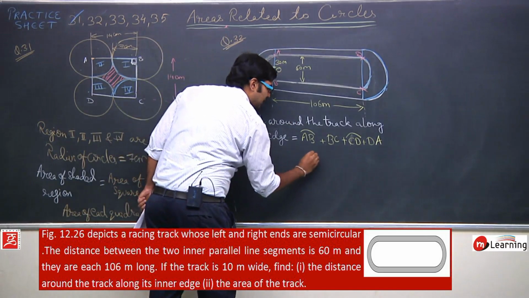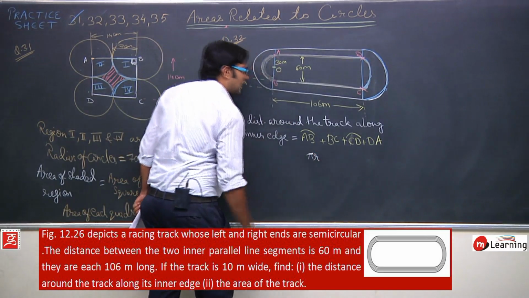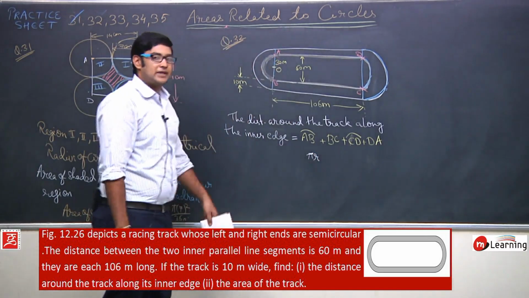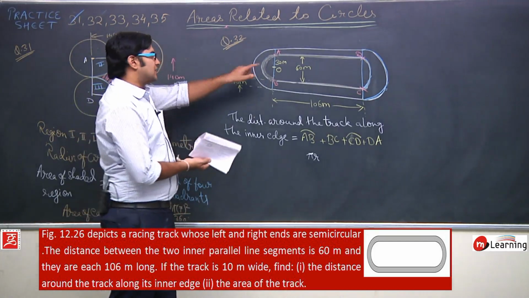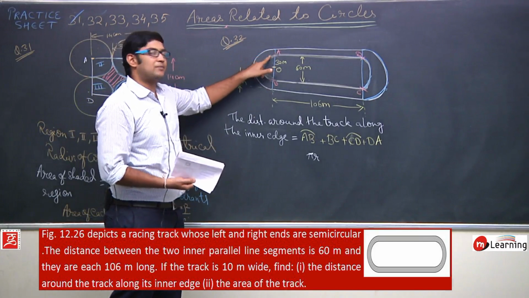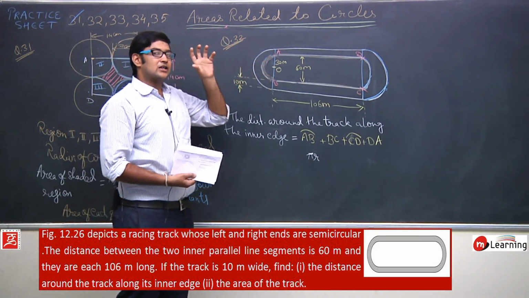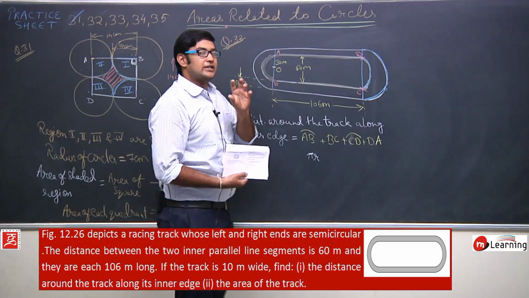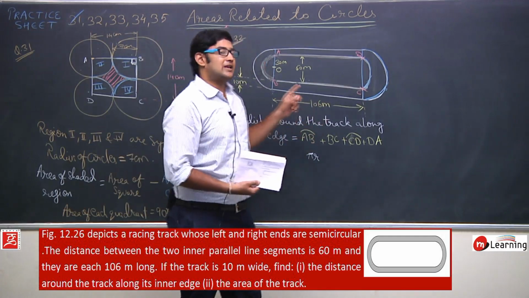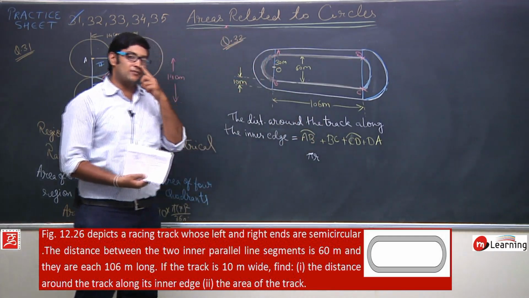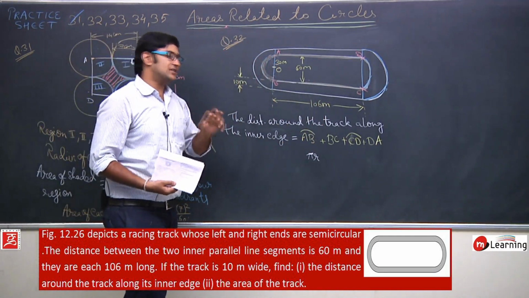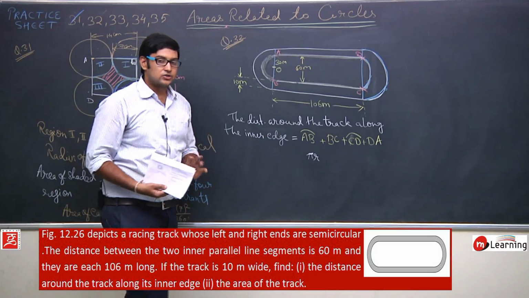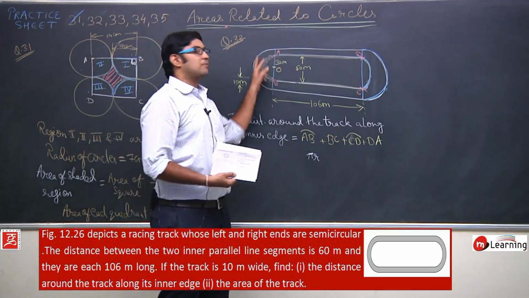So in place of arc AB I can write pi into r, where r is 30 meters. Let me repeat: the circumference of a circle is 2 pi r, so the length of the semicircle should be half of 2 pi r, that is pi r. So this is the length of arc AB.